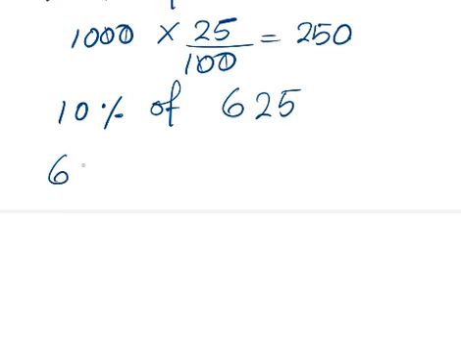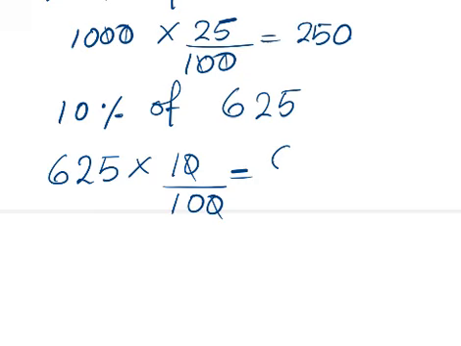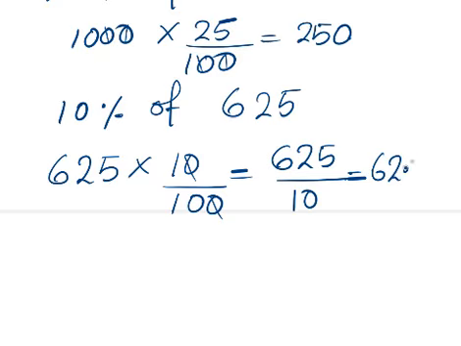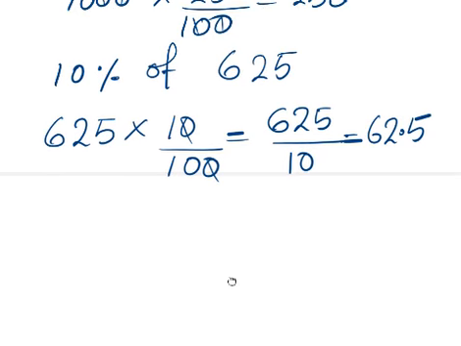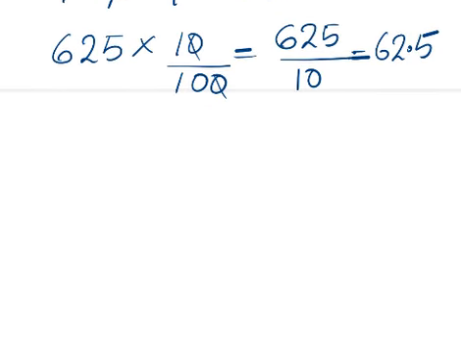First write that number, 625 times 10%. 10% means per 100, so you can cancel only one zero. So this is equal to 625 divided by 10, which is 62.5. So we can say 62.5 is the 10% of 625.